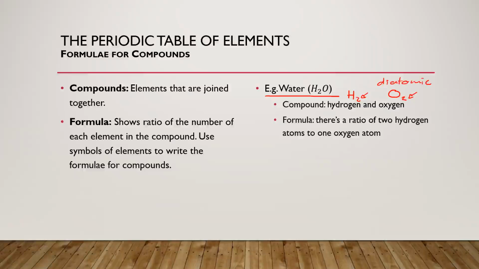And then a formula shows the ratio of the number of each element in the compound. Use the symbols of the elements to write the formula for the compounds. So there's a ratio of 2 hydrogen atoms to 1 oxygen atom in H2O. But in the entire equation, remember it's 2H2 plus O2 gives you 2H2O.